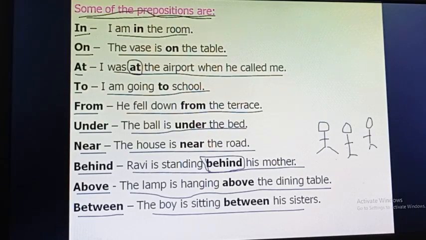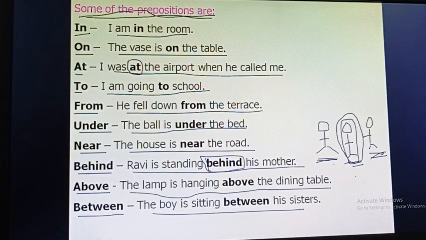So then here is one boy. Here is a sister, here is another sister, here is one more sister, and in between, this is between. So the boy is sitting between his sisters. This boy is sitting or standing in between. This is called between.